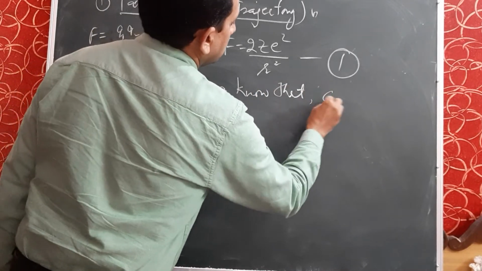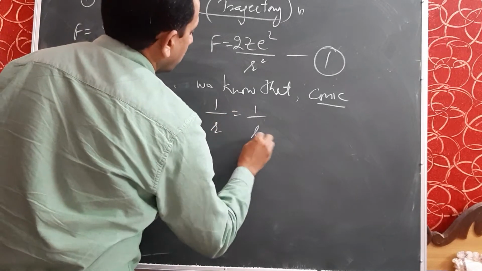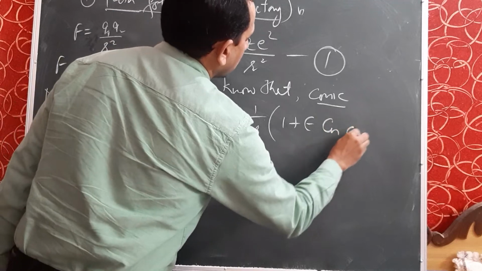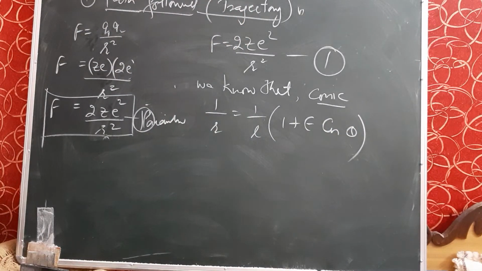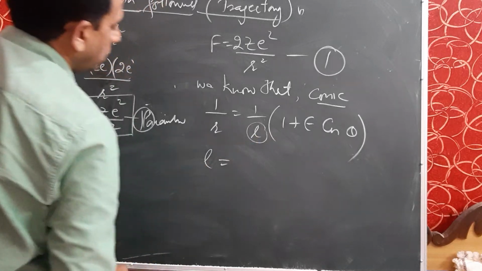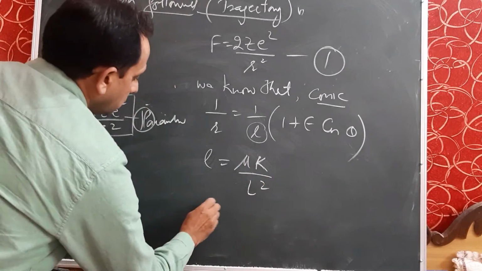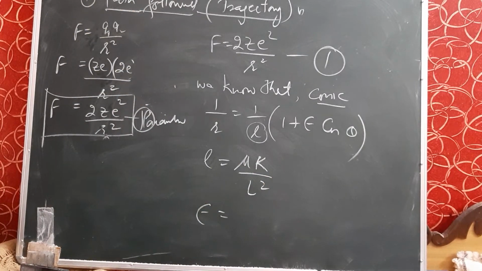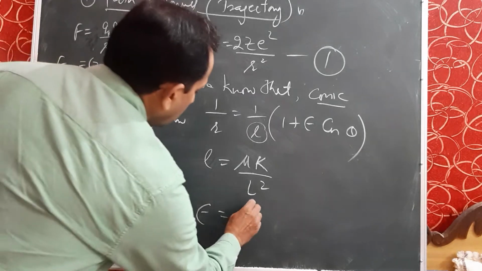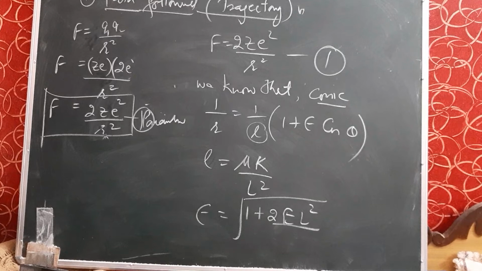The equation for a conic is 1 by r is equal to 1 by L into 1 plus epsilon cos theta, or theta minus theta naught, where L is the latus rectum, equal to mu k over L square, and epsilon, the eccentricity, is equal to the square root of 1 plus 2E L square over mu k square.